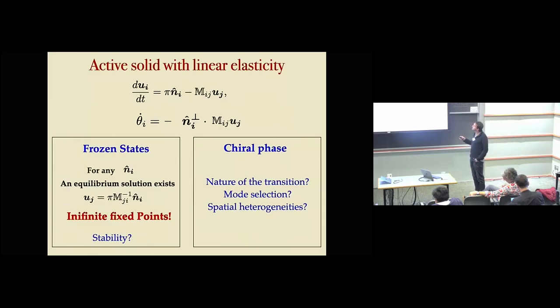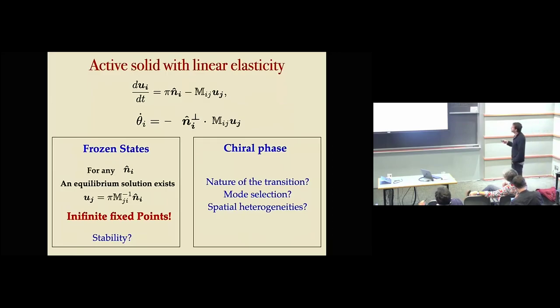And in this regime, you can show that for any given polarity distribution that you give initially, you will find that an equilibrium solution exists. So from the dynamical point of view, it's an interesting system because you have an infinite number of fixed points in your problem. The question is then about the stability of these fixed points.